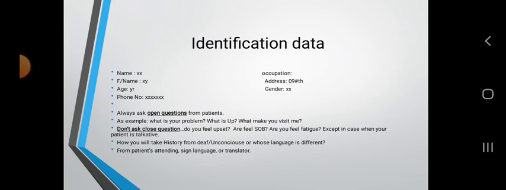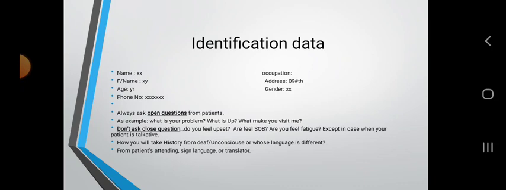And after that you have to ask the patient open questions. When you meet the patient for the first time, introduce yourself and ask questions in a friendly way, so that the patient feels comfortable.